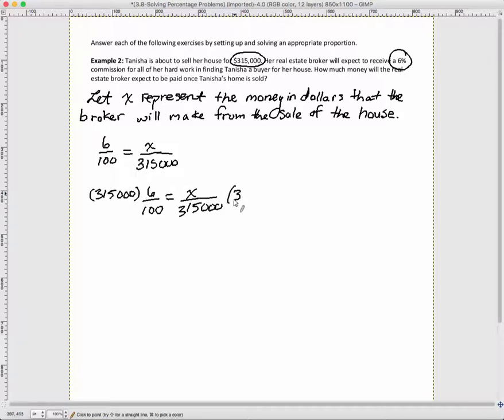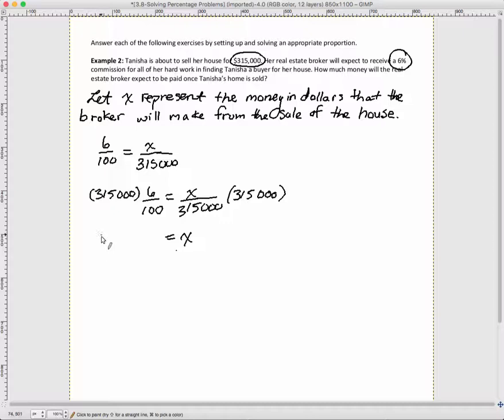I multiplied the left-hand side by 315,000, so I multiply my right-hand side by 315,000. That removes, or has 315,000 divided by 315,000, divides to 1. My left-hand side becomes 315,000 multiplied by 6 divided by 100.